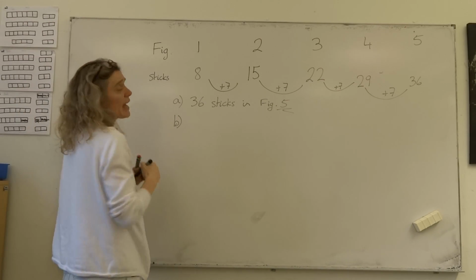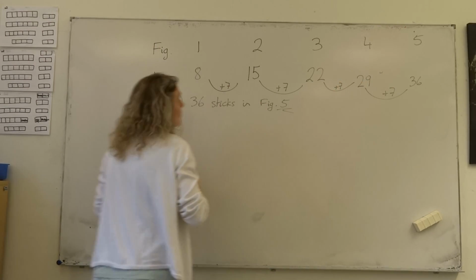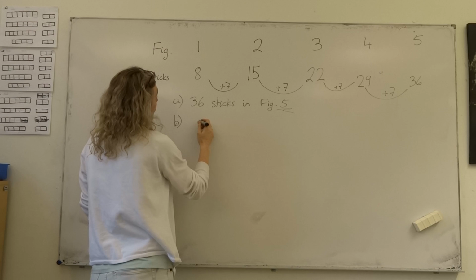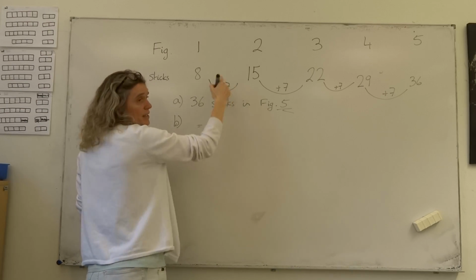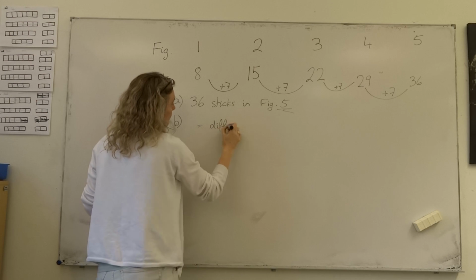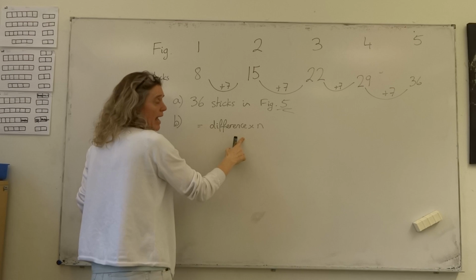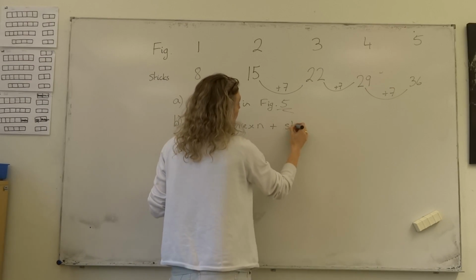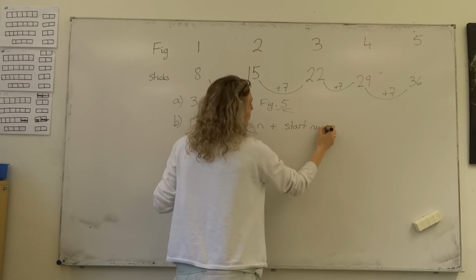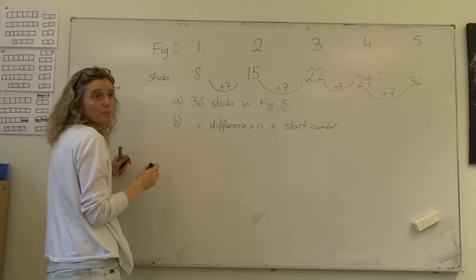Well, to get the formula, we see that we've got a number that's increasing each time. So we know that the formula is the number it's increasing, the difference, times n when the difference is the same, plus the start number. The start number we get from going all the way back to figure number 0.